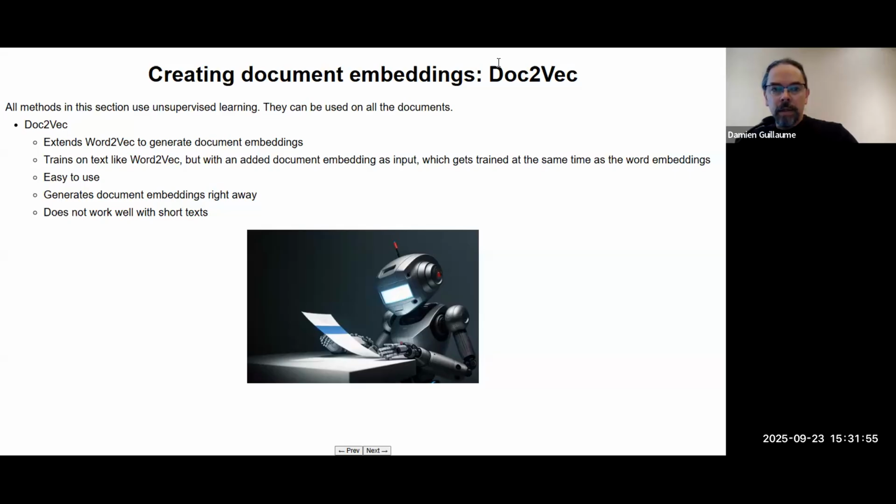But I found that it doesn't work well with short texts. I was using just a title and format, languages, this kind of thing. So I had very short text, and the document embeddings were not that good compared to what I was getting by simply summing things with word2vec. So I kept using word2vec from then on, and not doc2vec.